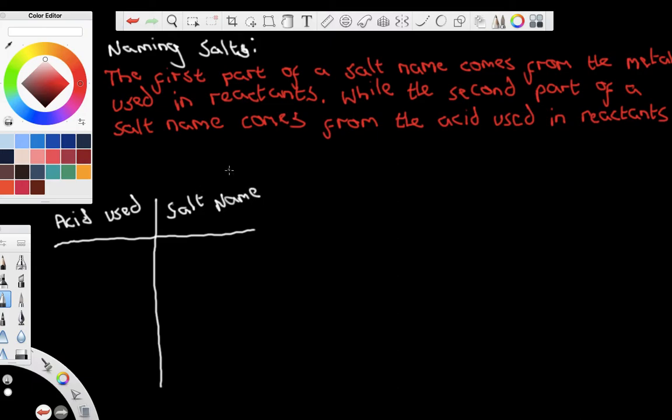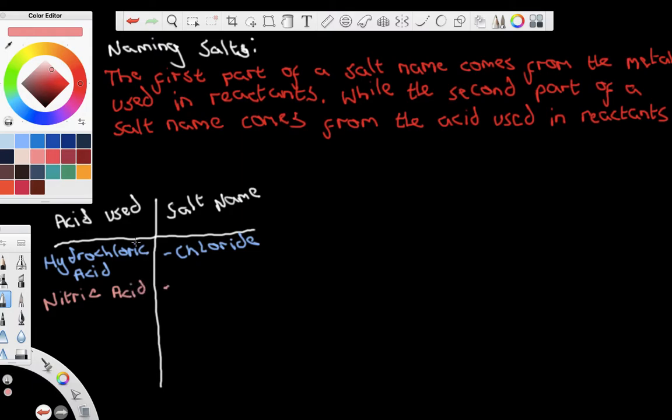So if you use hydrochloric acid, the salt name will have chloride at the end of it. If the acid you use is nitric acid, the salt name will have nitrate at the end of it.